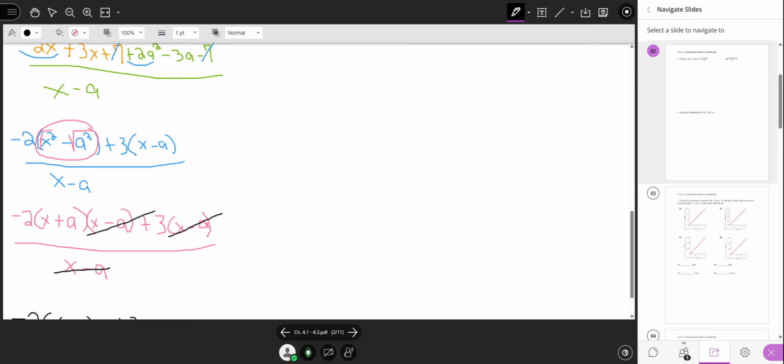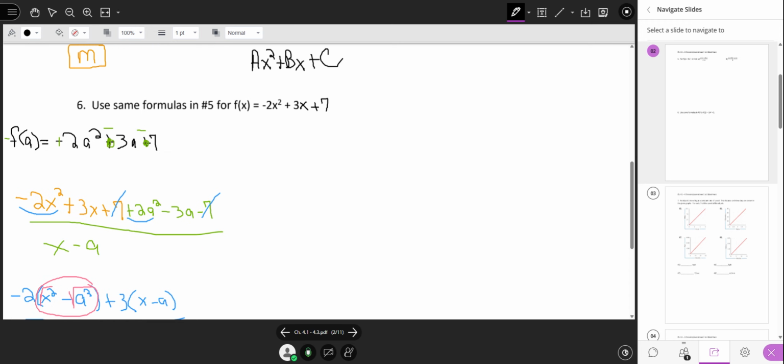Now, notice capital A is minus 2, capital B is plus 3, C is 7. 7 went away.